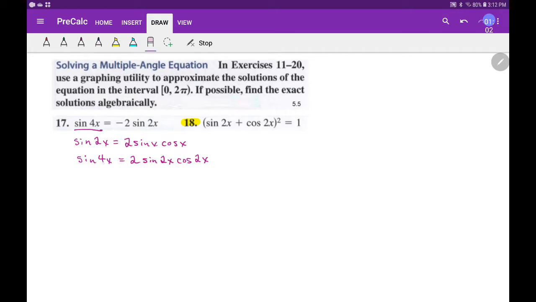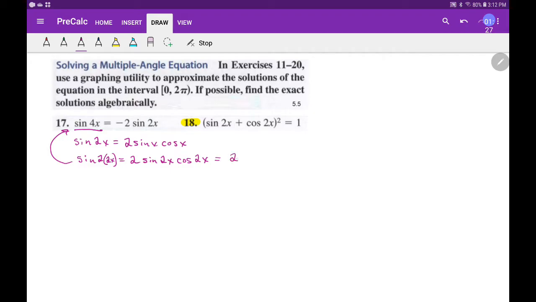Maybe another way of saying this could be to say 2 times the 2x, like that. How about that? And we could say that's the same thing as the sine of 4x, right?